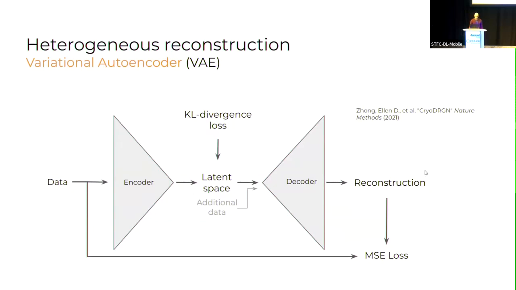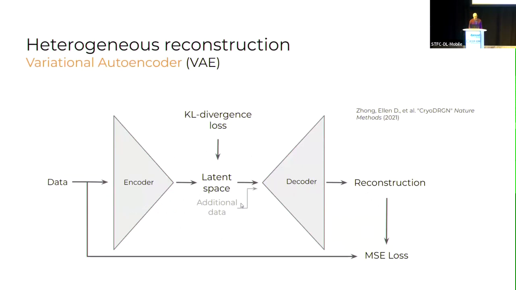The way this works is that you have an encoder that you feed the data to, and this extracts features and compresses this information into a very small vector called the latent space vector. You feed this together with additional information into a decoder, and the decoder takes it back into image space. You then compare the reconstructed image with your data, and you backpropagate through this entire thing end to end, and you train this network.